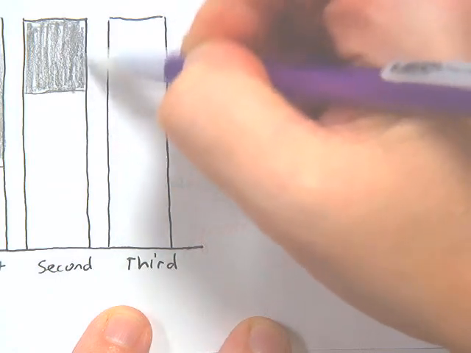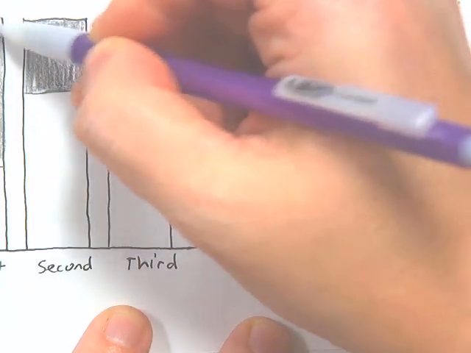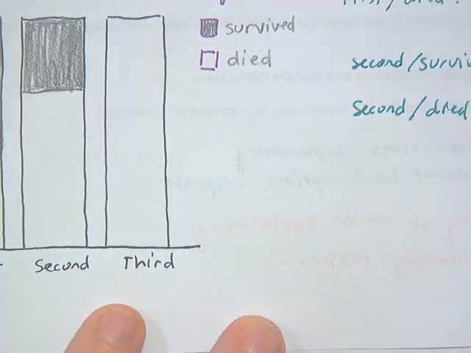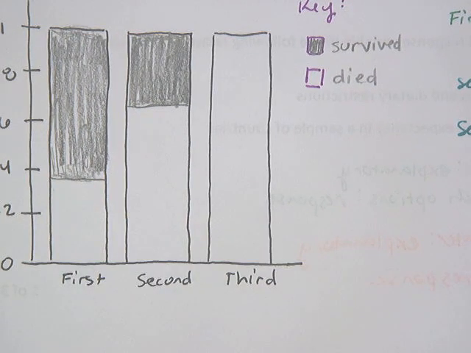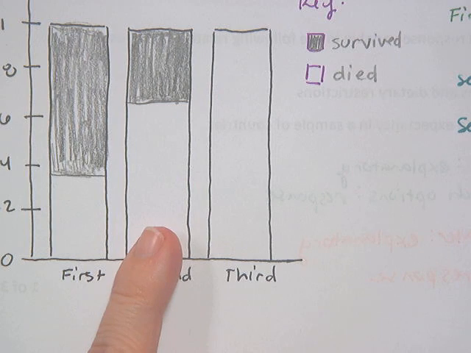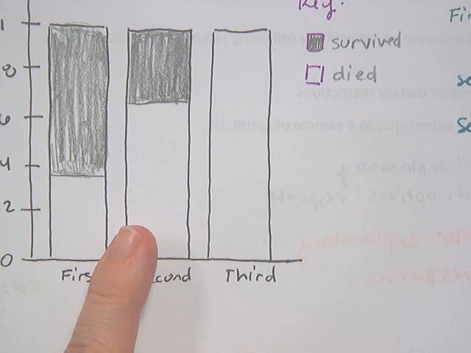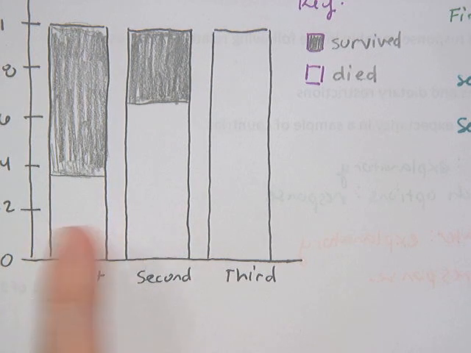So the key is very important, not only for the creator of the bar chart, but for the person reading it. Do you see a difference here in the proportion of people who survived based on first or second class? Can you tell that there was a big difference? Yeah, and we're going to see that again in third class.